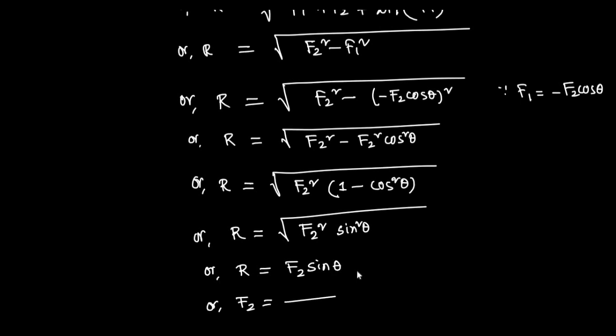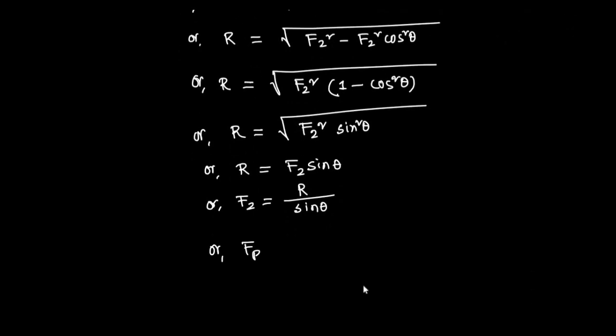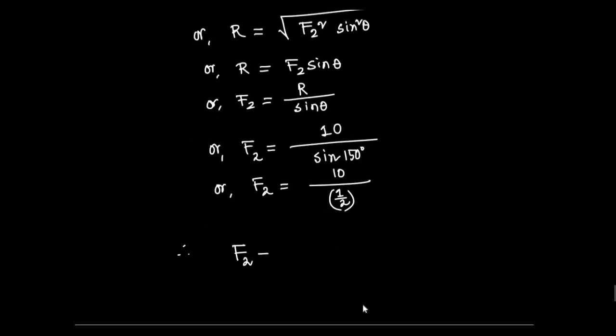R is equal to F2 sin theta, or comma, F2 is equal to R divided by sin theta. Putting the values, F2 is equal to 10 divided by sin 150 degree. F2 is 10 divided by half, since sin 150 degree is half. Therefore, F2 is equal to 20 Newton.